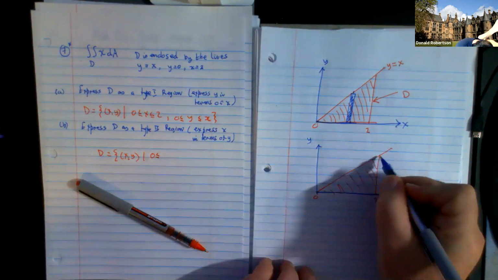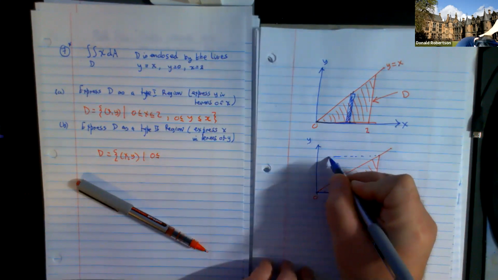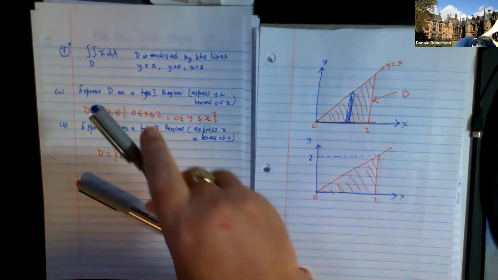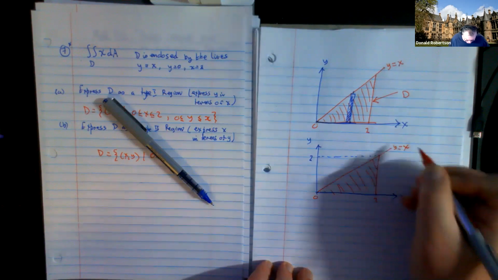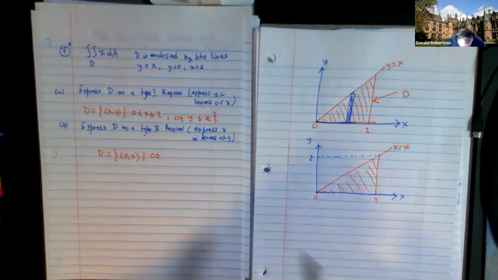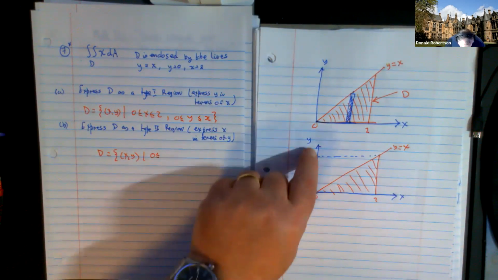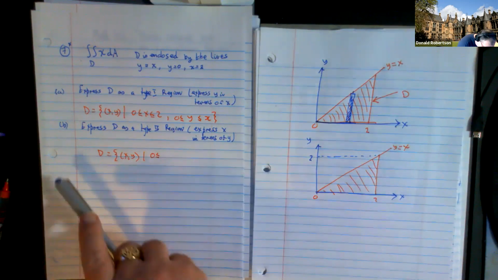And I'm going to put in a little dotted line here, put in a 2 there, and remind myself the equation of that line. So in this case, the y's go from 0 to 2.